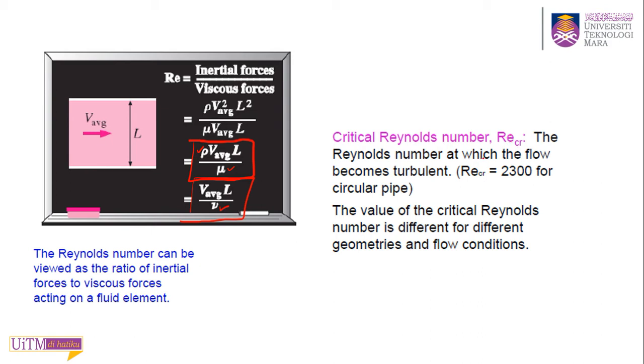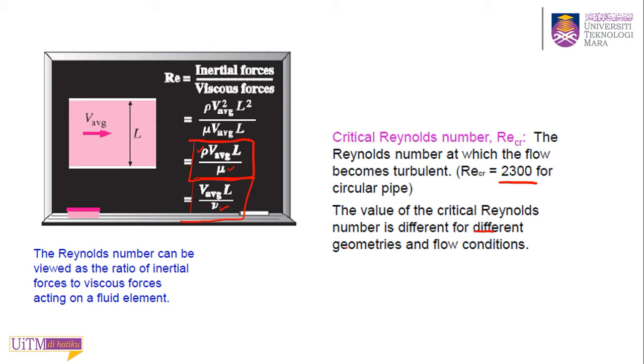At this critical number, the flow will start to change to turbulent. Maybe it's not fully turbulent yet, but it starts to change. So this is the number: 2300 for circular pipe. But this number will change, depending on the different geometry.